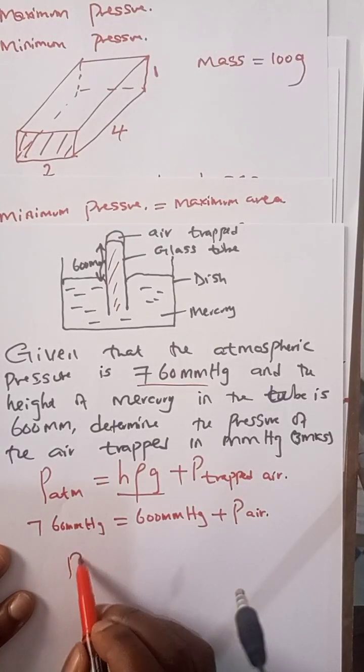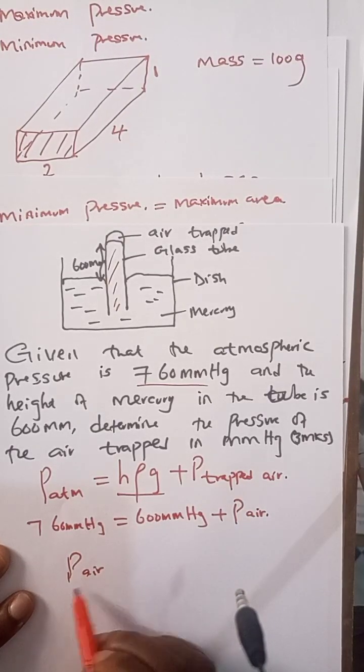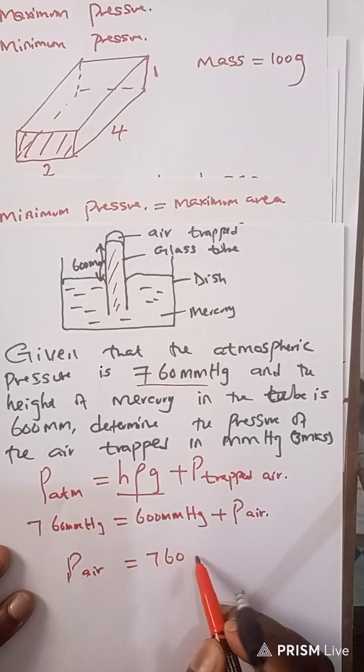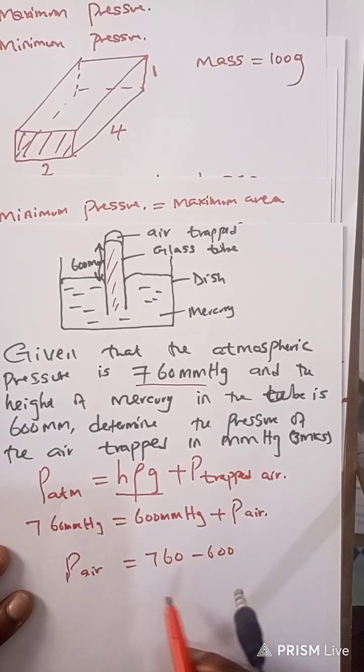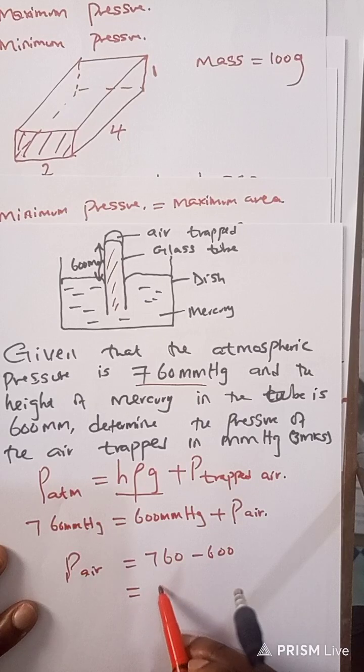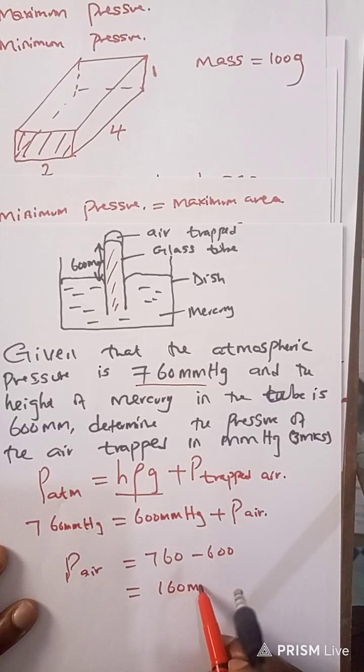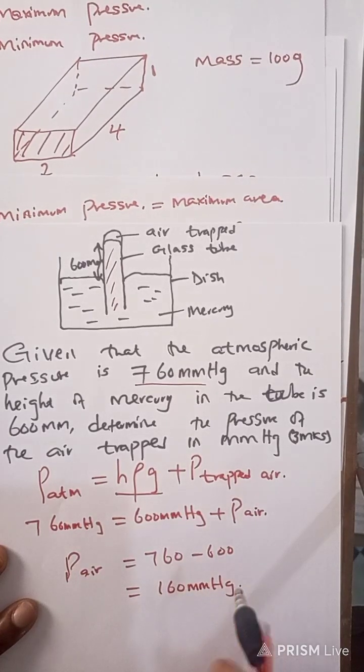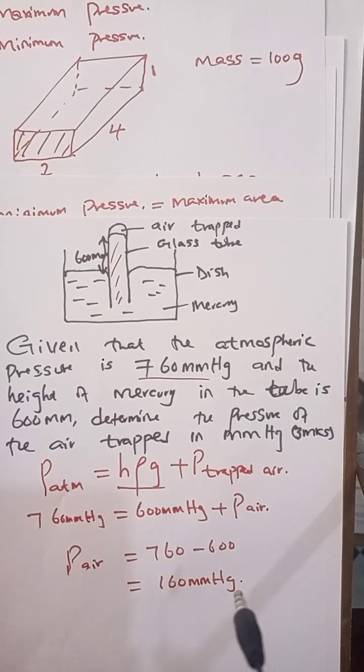So to get the pressure of the air trapped, we simply subtract 600 from 760 and we get 160 millimeters of mercury, and that will be it.